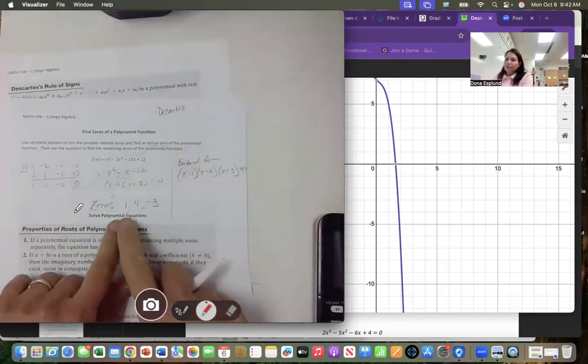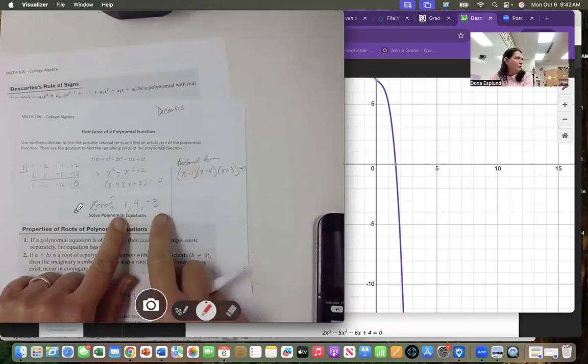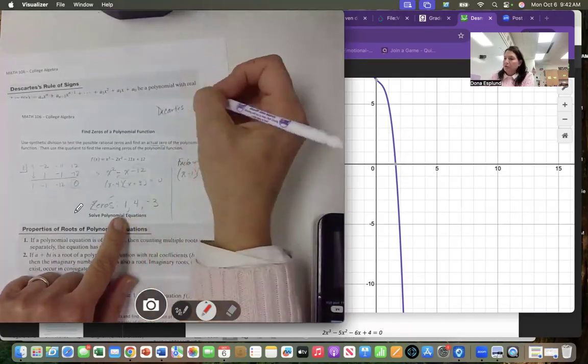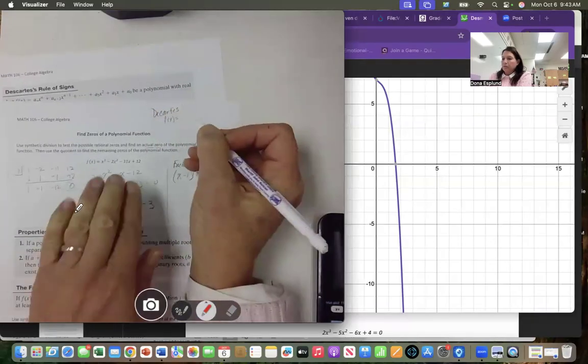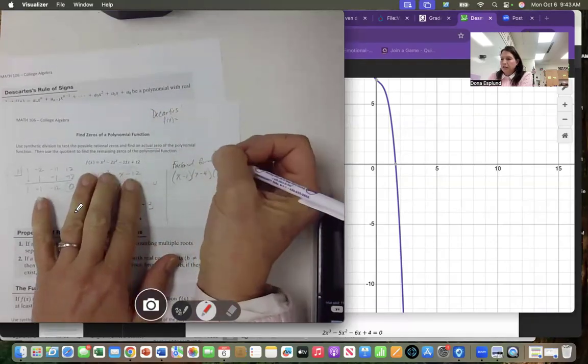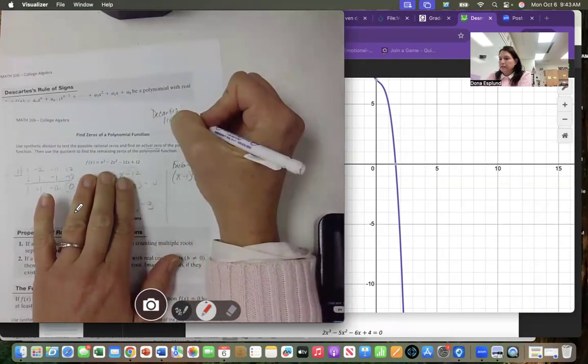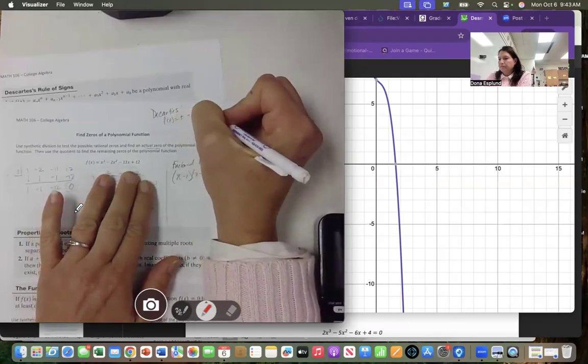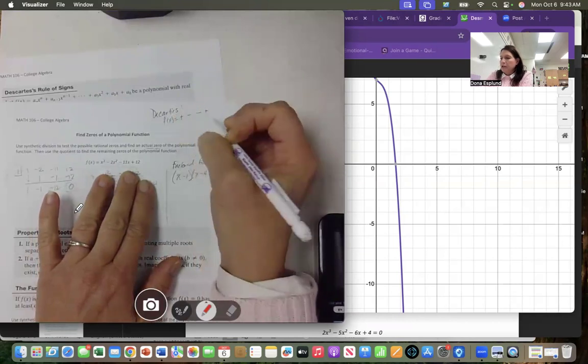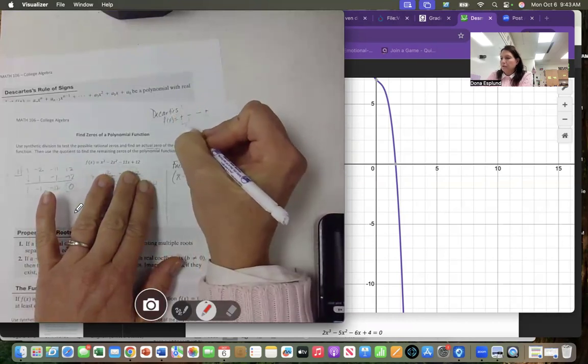Okay, remember I have two positive roots and I have one negative one, right? So Descartes would say if I look at f of x, okay, so I'm looking at my original function. Okay, so I had a change here. I have 1.